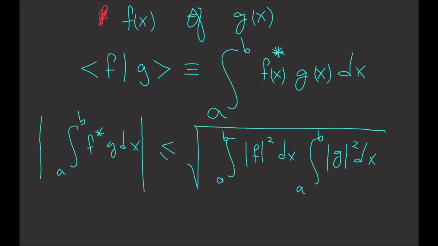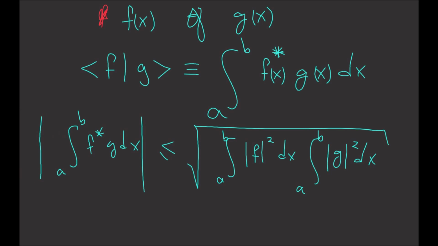This is going to be a very handy relation between the absolute value of the inner product and this. And in the next video we're gonna prove this. So if you want, you can click at the top right hand corner to see why this is true.